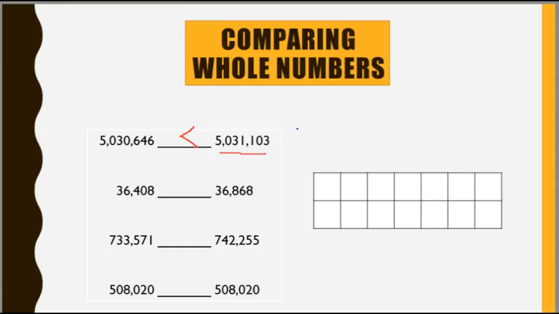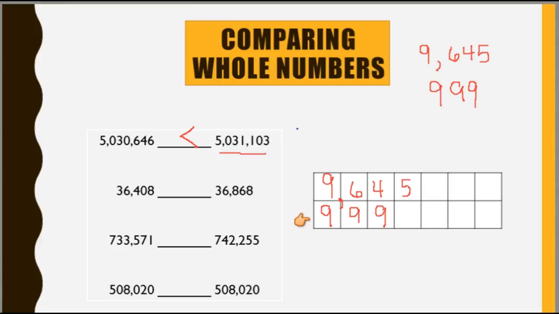So if you had the number, let's say 9,645, and then you also had 999, and if you lined them up like this, then you might think, okay, here we go, 9s are the same, the 6 is smaller than the 9, so this number is bigger.